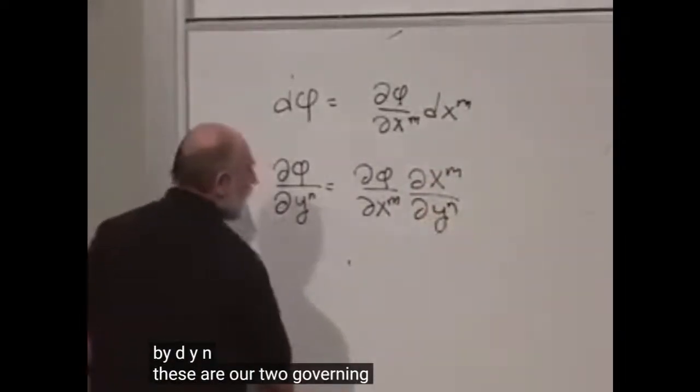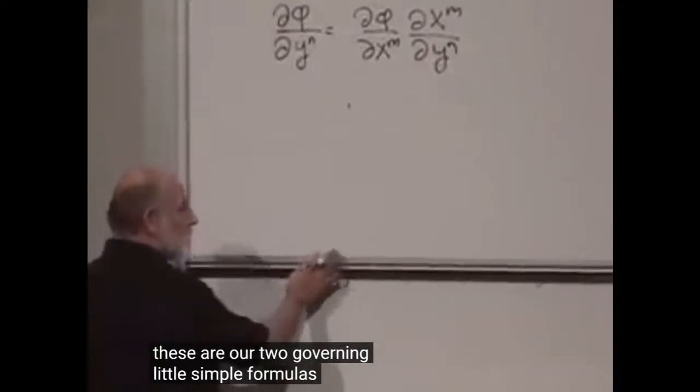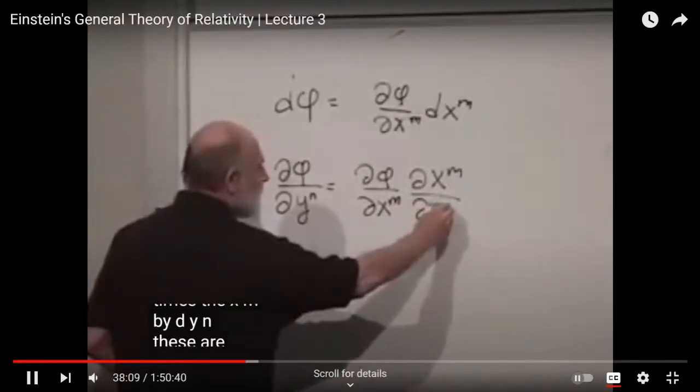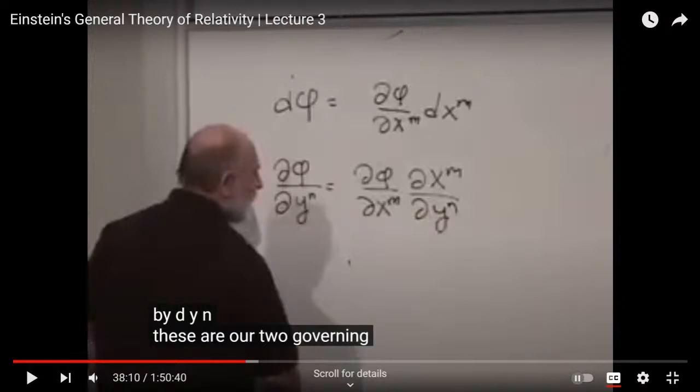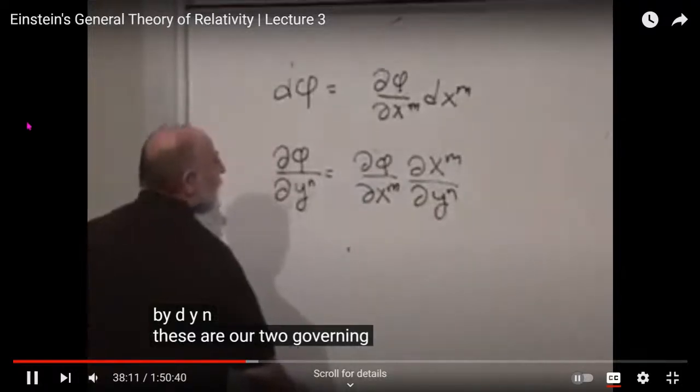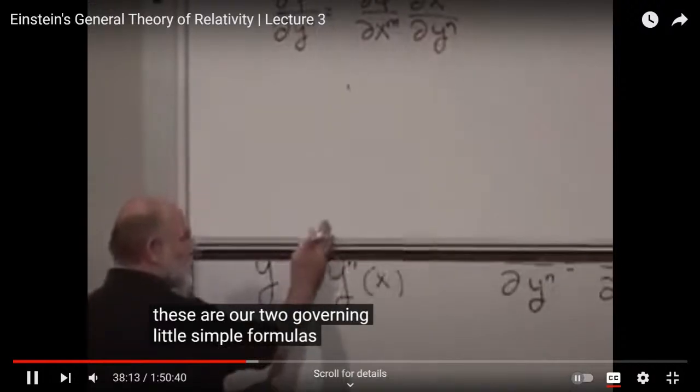These are our two governing little simple formulas. I'm going to make a snapshot of this. You should make a snapshot of this because this took a long time to derive, so might as well save it. Done. Continue.